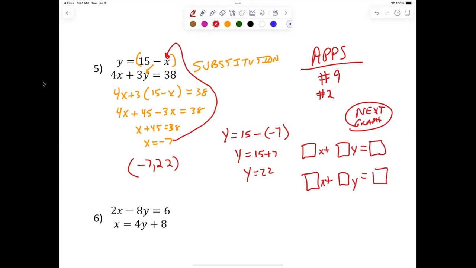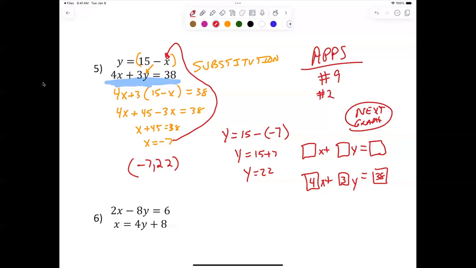Does everybody agree with that? Now, why is the second equation good here, guys? Please pay attention now, because it's in the right format. Do we agree? So on the second equation, I can just put in a 4, I can put in a 3, and I can put in a 38.